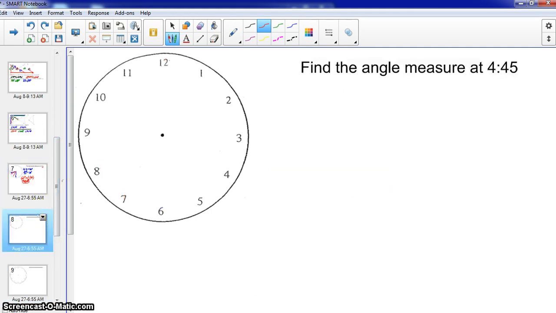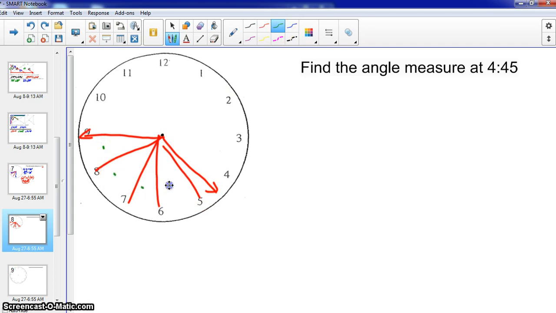The next one we're talking about is 4:45. First off, again, find out the 30-degree sections, which in this one, I see there are 4, so I have 120 degrees to start. And then I need to add this partial region. And this time it's not how far past 4 o'clock it is, it's how far until 5 o'clock.